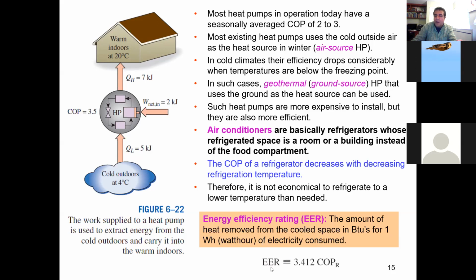So EER, by definition, is approximately 3.412 times the coefficient of performance of that refrigeration cycle. So that's how you can calculate how much you have to spend per day, per month, per year to cool the space. I leave it up to you to do more research on that.